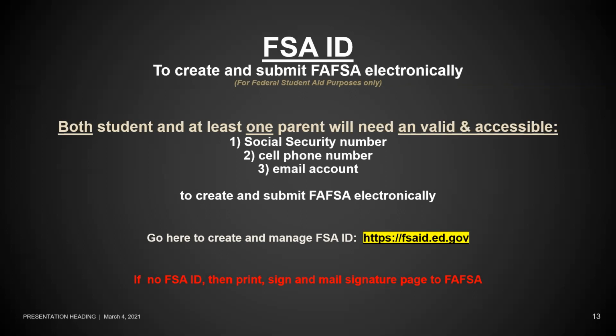So they will send a code to your phone. They will also send a code to your email. You will have to put that on the FAFSA application to verify. So that's why you need to have a valid email address and a cell phone that you have access to at the moment that you're completing the FAFSA, because they will send information directly to that as a prompt for you to submit on the FAFSA before you can submit it.